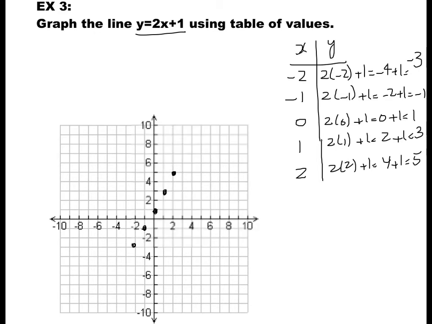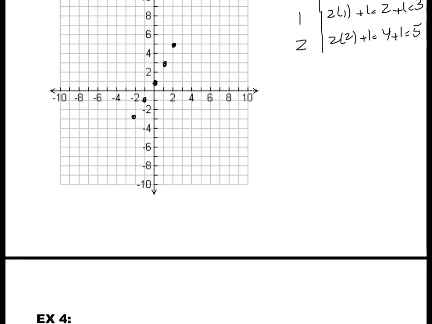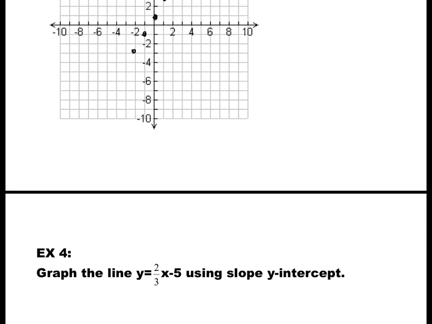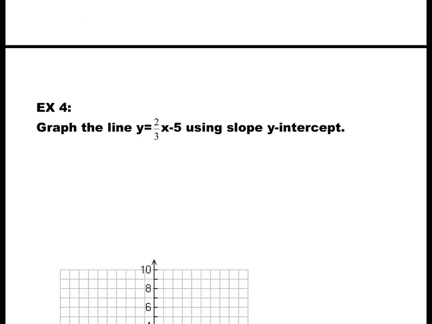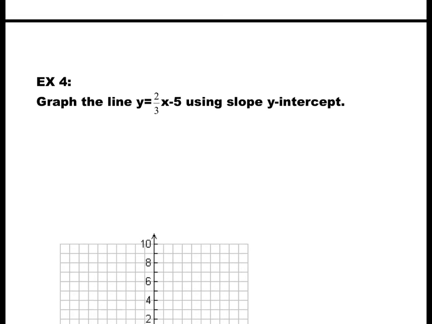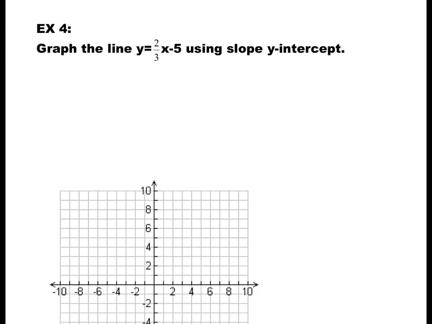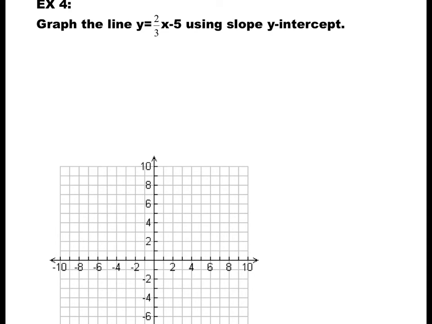The next technique that we mentioned was using slope y-intercept. In this example, y is equal to 2 over 3x minus 5, and we are supposed to plot this line using slope y-intercept.